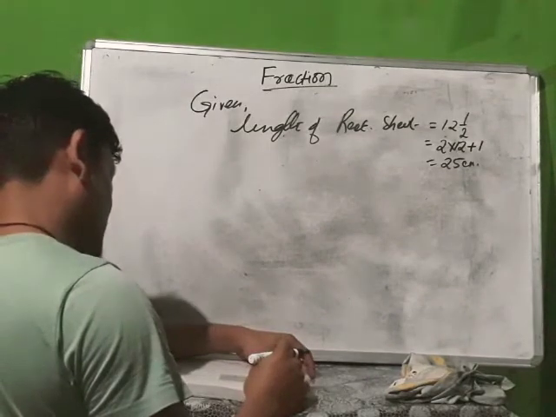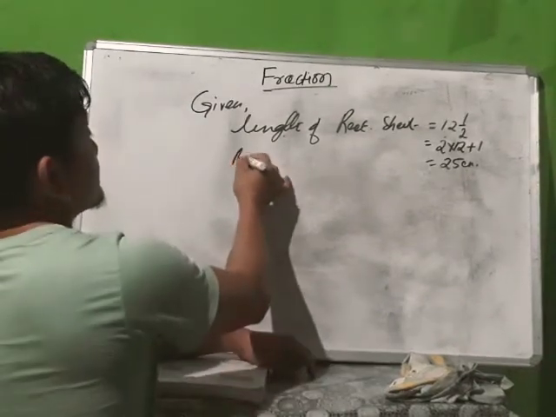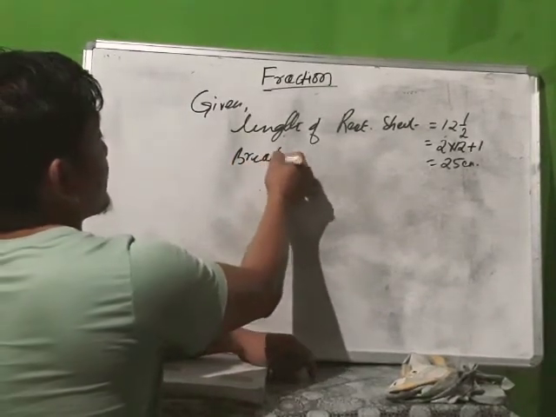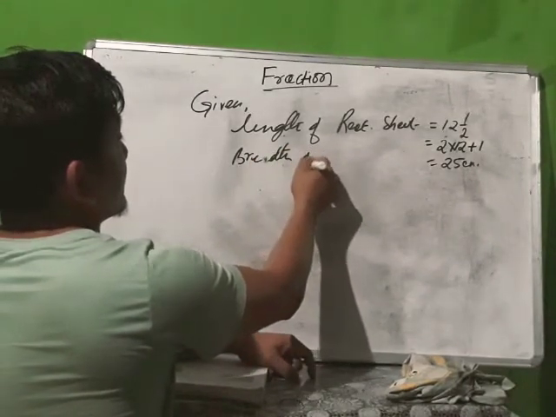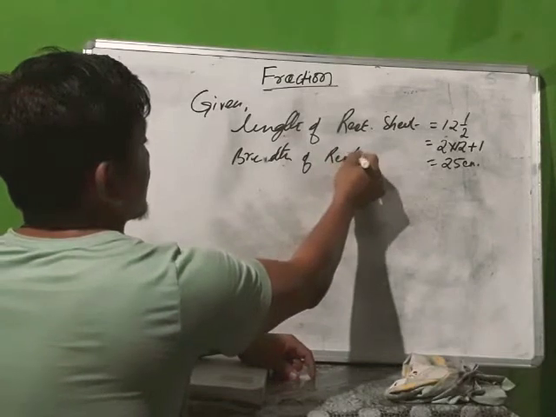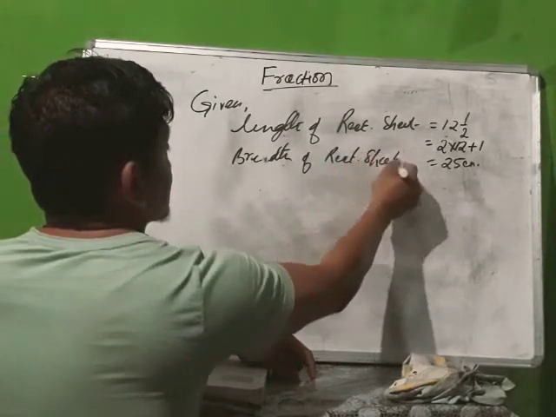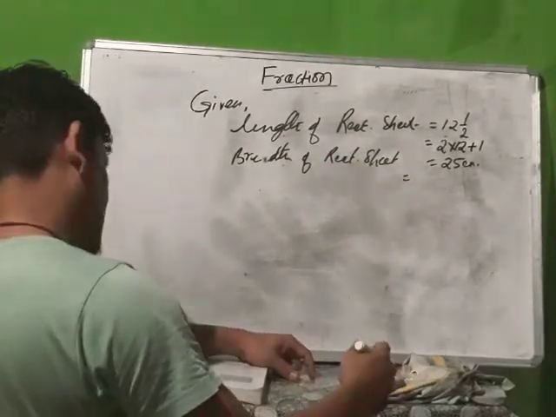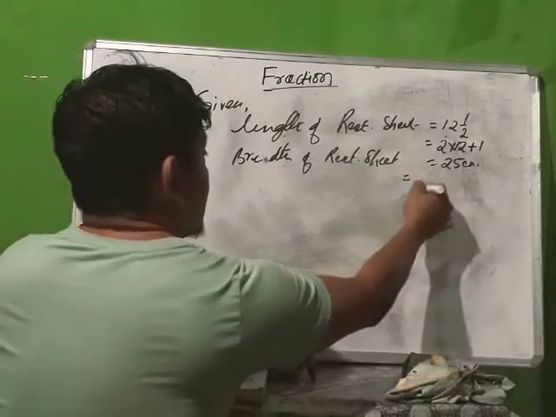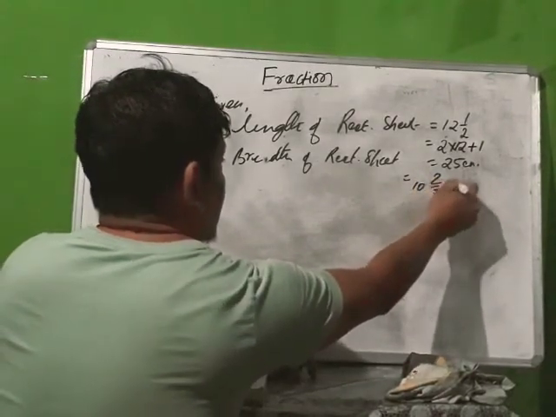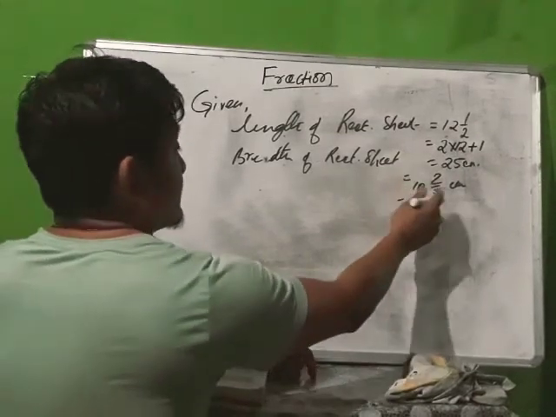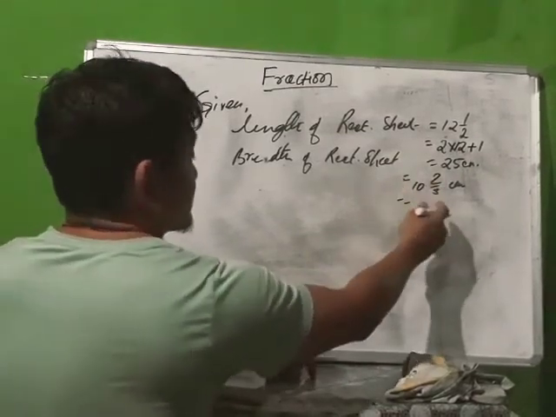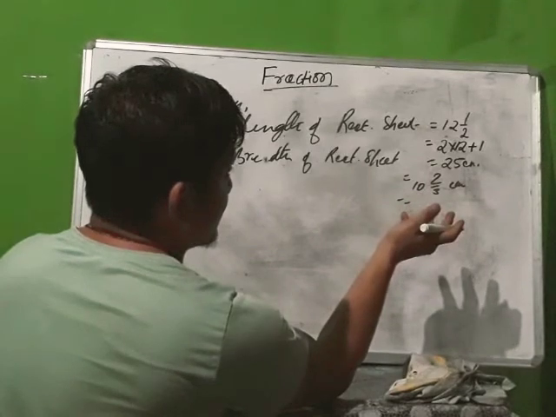Likewise, you also have a breadth. Given breadth: breadth of a rectangular sheet is given as 10 2 by 3 centimeter. Again, this is also in the form of a mixed fraction, so convert it into an improper fraction.